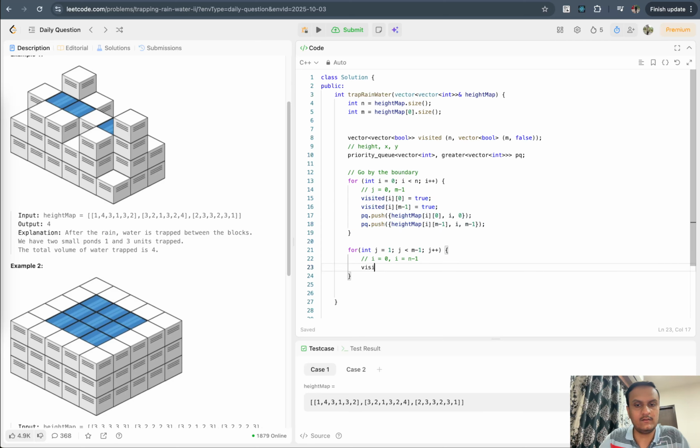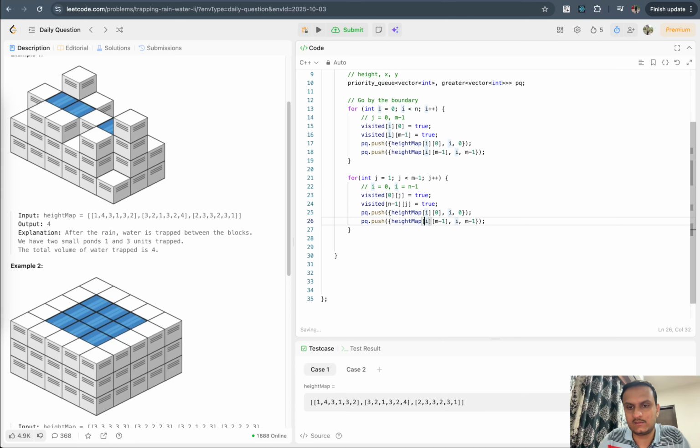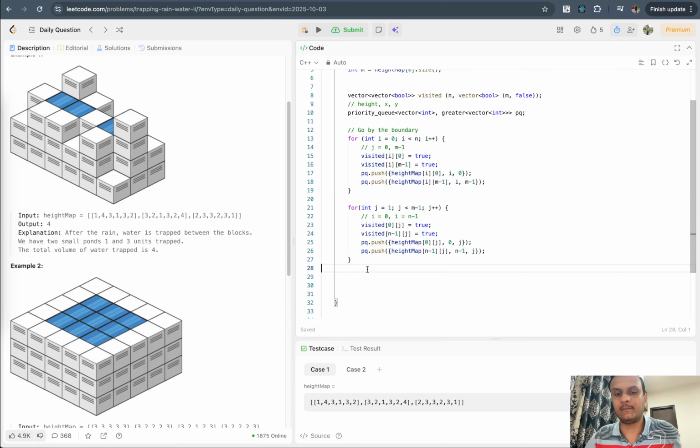We will first mark visited of 0 comma j as true, and visited of n minus 1 comma j as true, and we will push both of them in our priority queue, similar to the previous one. 0 comma j and n minus 1 comma j. Here it will be n minus 1, here it will be 0, and this will become j. Okay, so we have pushed each and everything in our priority queue from the boundary perspective.